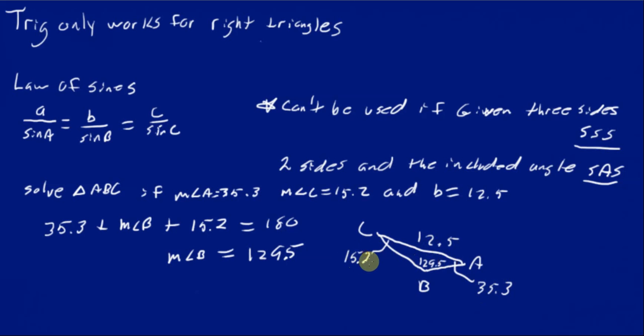So solving the triangle, we're just going to find the length of all sides and the measure of all angles. We were given two angles. We found the third angle.